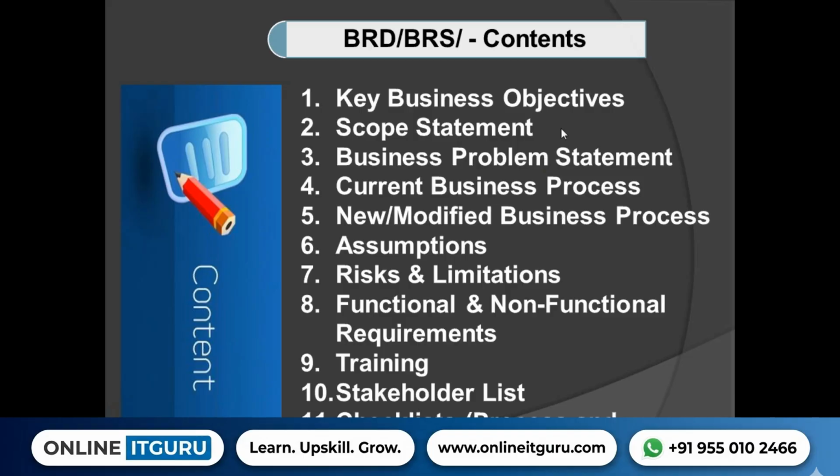And we prepare a BRD if there is a change in more than one functionality. As I said, initially you have 4 functionalities and you are adding 3 more. If you are adding only one functionality, then you prepare an FRS.